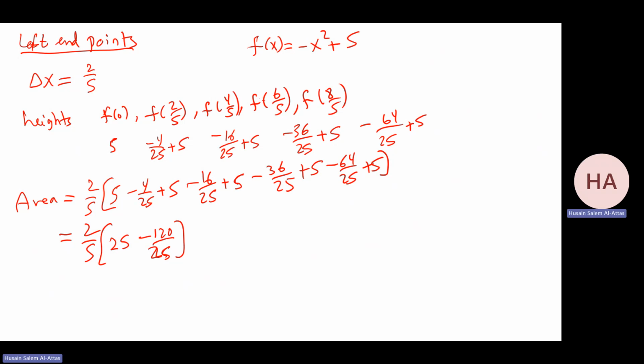And 25 times 25, then it's 625. So it will be 2/5 times 625 minus 120/25. And that will be what? Here I have 595. Huh?